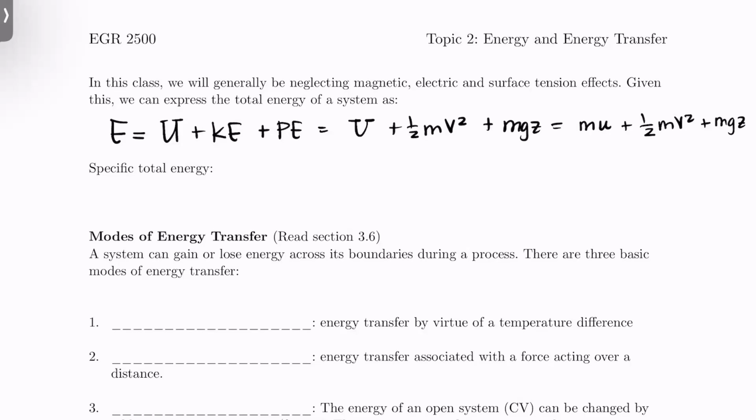The specific total energy is basically just this equation, and we're going to divide through by m. So we have E is equal to u plus 1/2 v squared plus g times z. Okay.